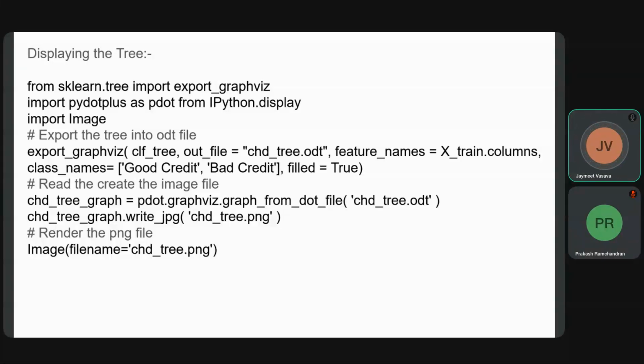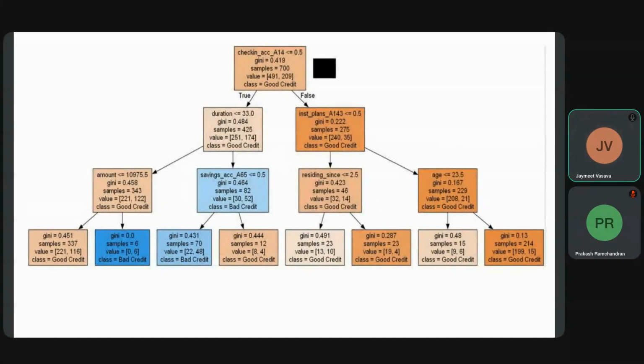And in the end, the import Image that we have used in the import statements will help us to name the PNG file. So this is the decision tree that we get.